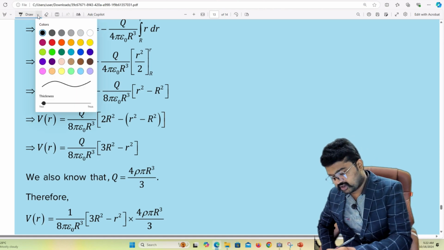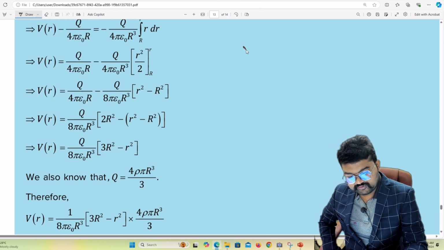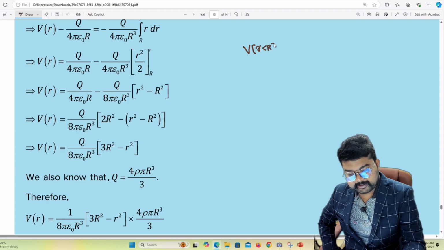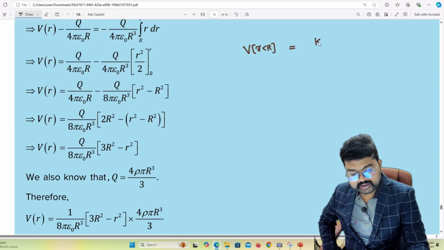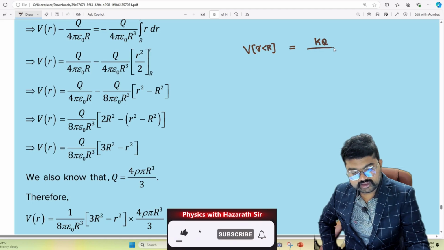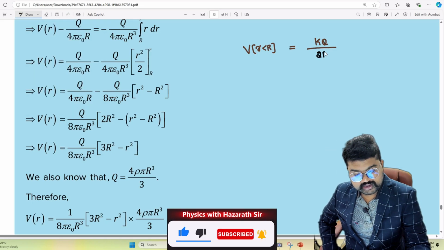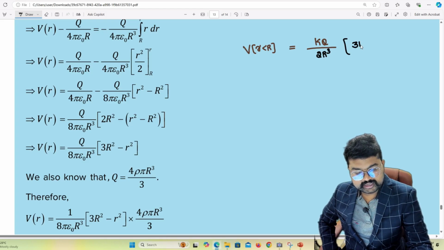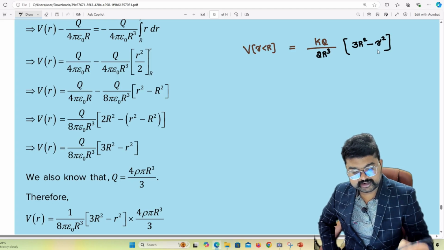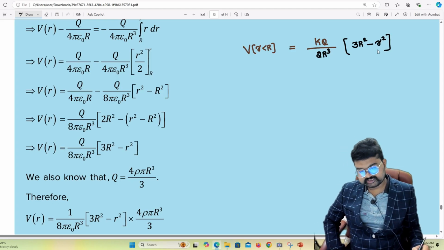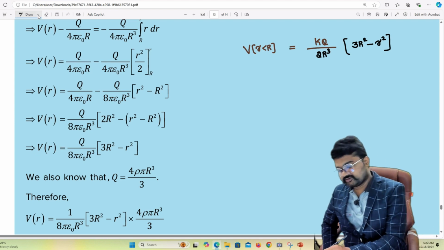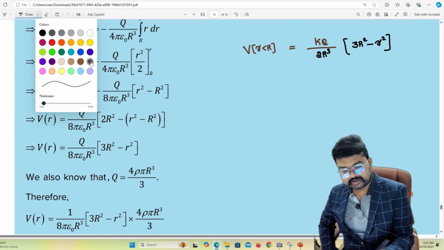Here V of r less than R, how much are you getting? kq by 2 times R cube, 3 times R square minus small r square. Are you getting the same or not? Check it once. Here k you can replace with 1 by 4 pi epsilon naught.